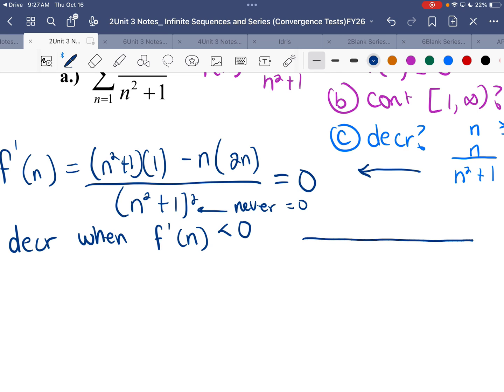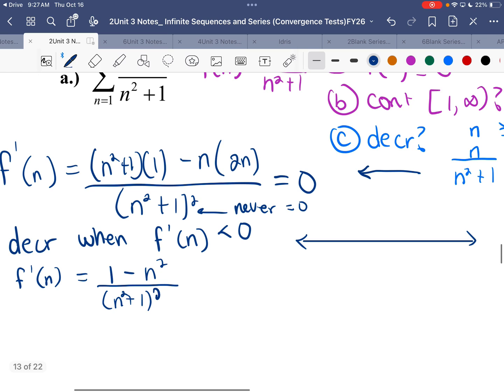And then we can do our sign chart. Okay, let's rewrite f prime of n. We're going to have n squared minus 2n squared plus 1. There's something crusty on my iPad. Maybe it's my niblet.